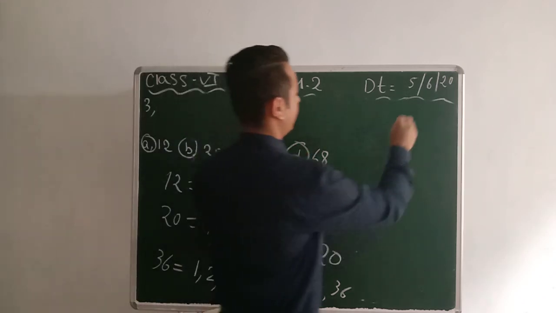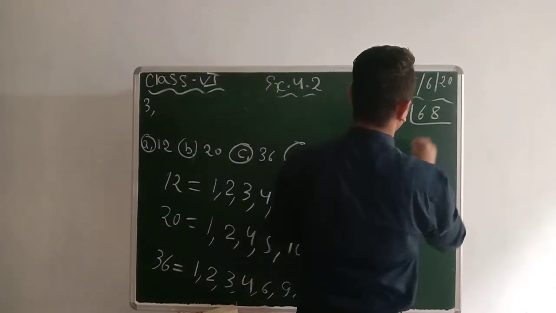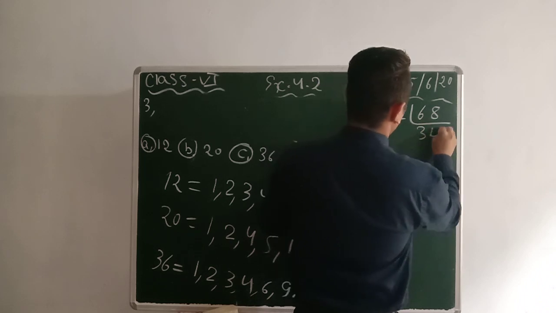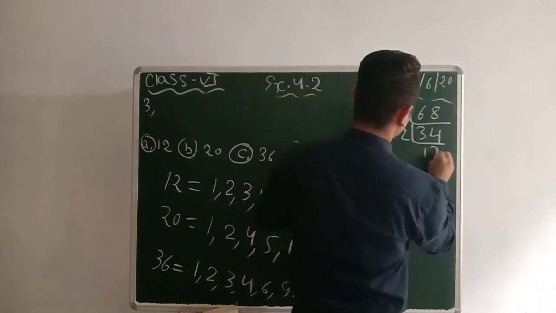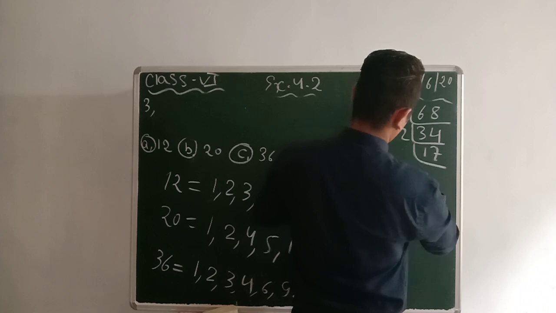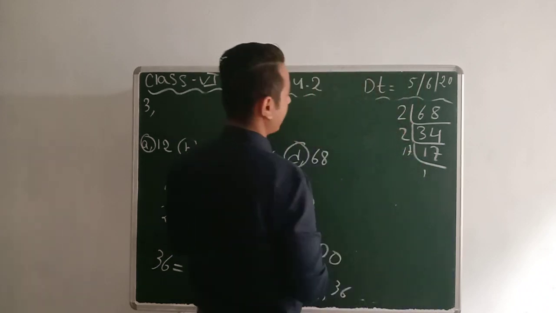Now 68. 2 34s are 68, 2 17s are 34, 17 1s are 17. That means factors of 68.